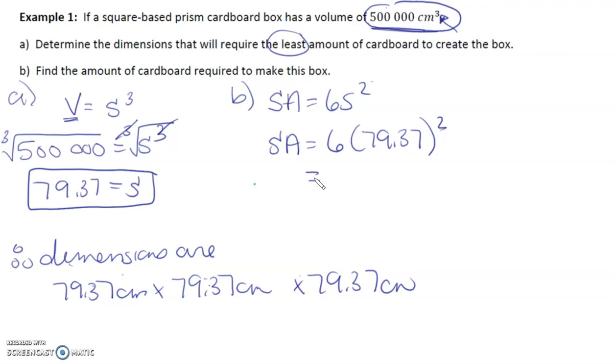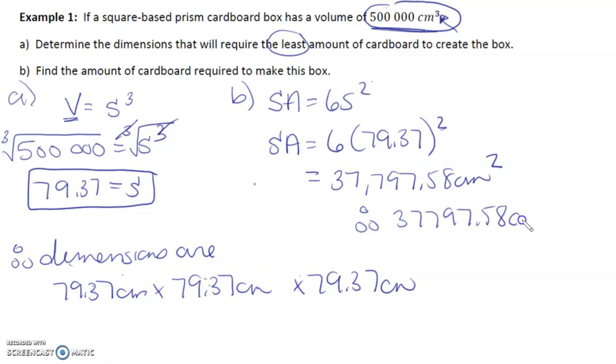When we put that into our calculators, we get 37,797.58 centimeters, and that's going to be squared because it's an area. Therefore, 37,797.58 centimeters squared of cardboard is needed.